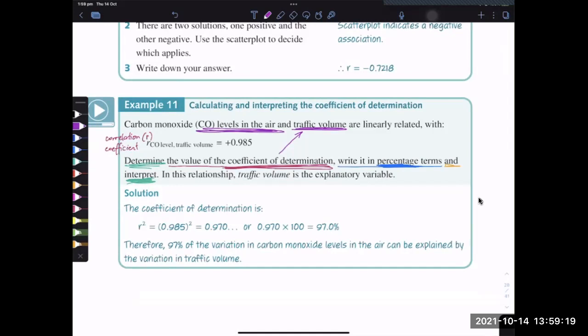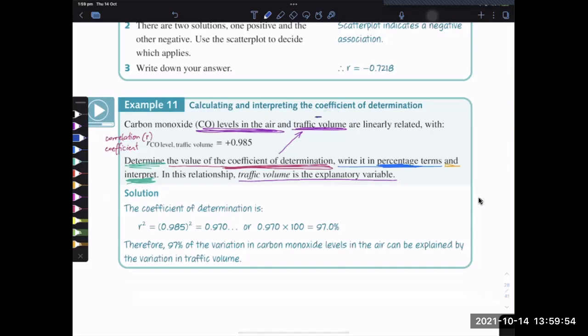In this relationship, traffic volume is the explanatory variable. So traffic volume is E. What's our response variable? The response variable would be the carbon monoxide levels in the air. So you can see up here, those are our two main ideas.